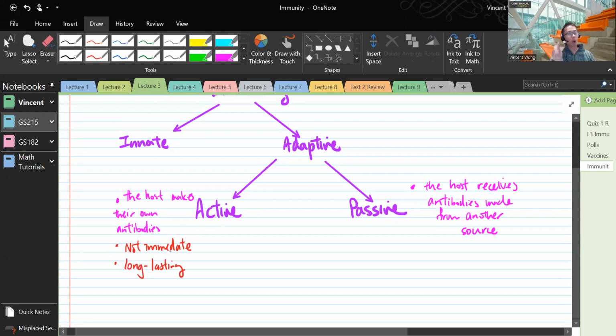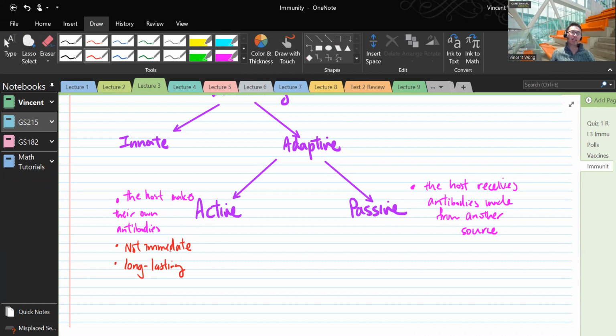Permanent is a strong word, but it's pretty long lasting. Depending on what it is, sometimes it's lifetime protection, sometimes good for 20, 30 years, and sometimes maybe good for half a year or so, like the COVID vaccine, for example. It's not very long-lasting protection in that case. It could be due to various reasons, which we're not going to go into.